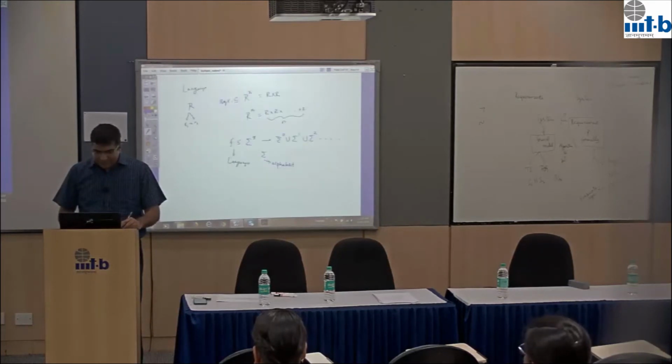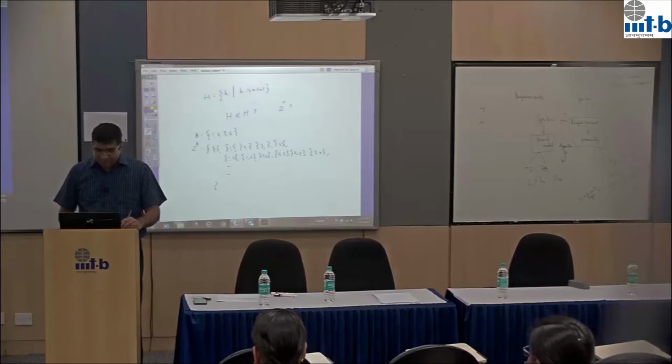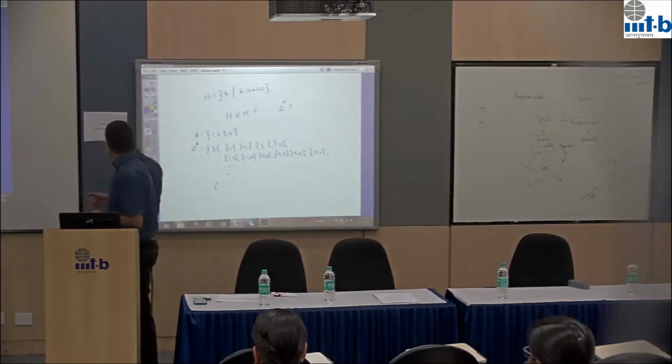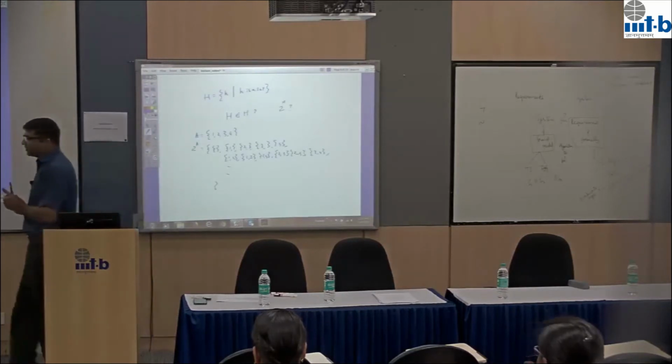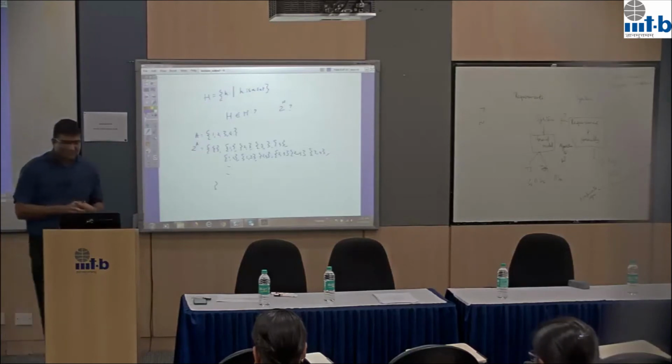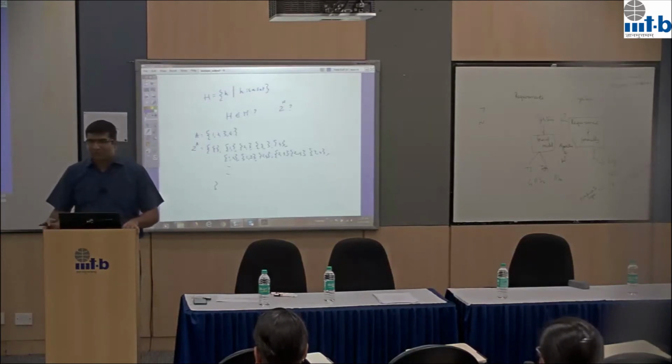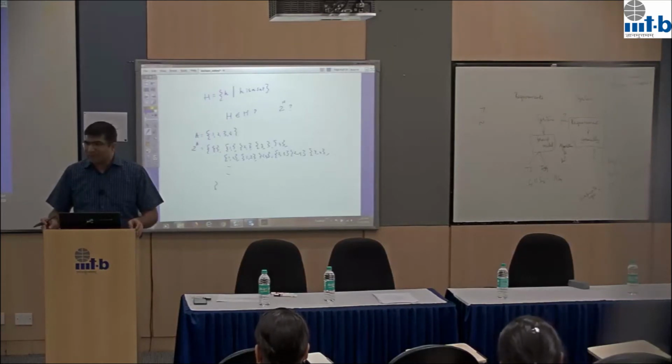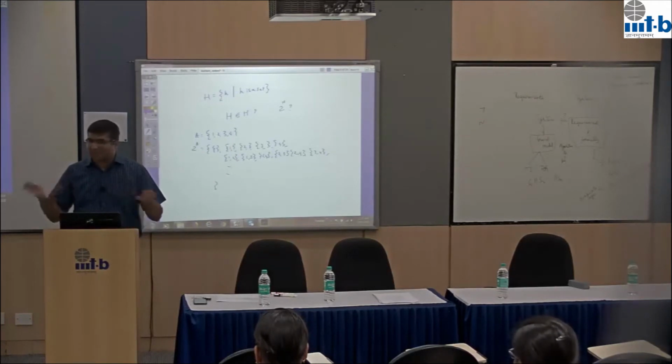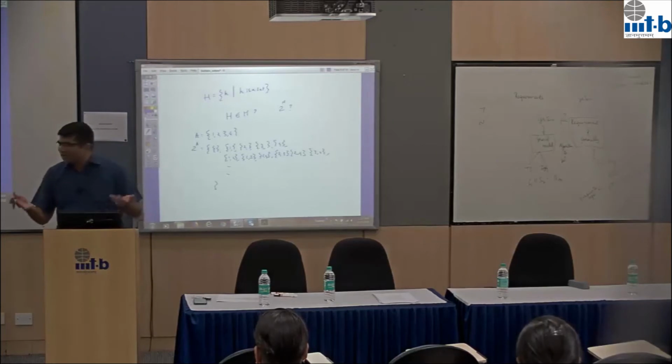Then we also saw two paradoxes. This is what is called Cantor's paradox. So what is Cantor's paradox? Anyone recall from yesterday? Cantor's paradox basically says the set of all sets does not exist. You cannot have a set of all sets.